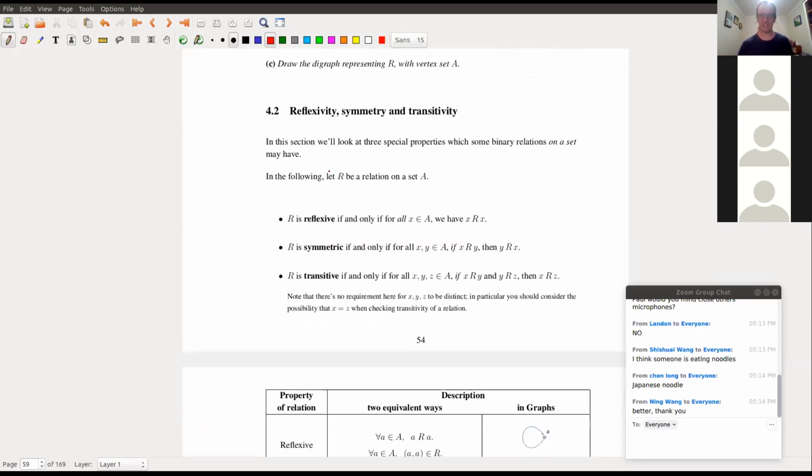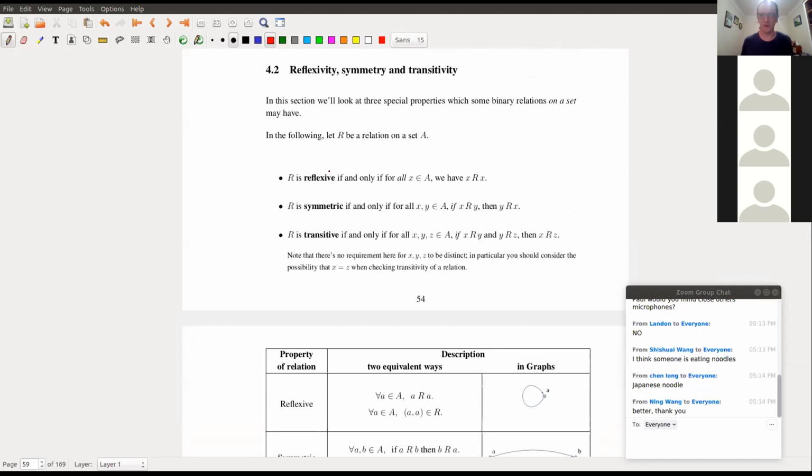I was actually having a good think about how to explain this stuff to you guys. This is more like how mathematicians think about things, so it's a really good experience for you to see. What we're building up to here is this special result about what are called equivalence relations.